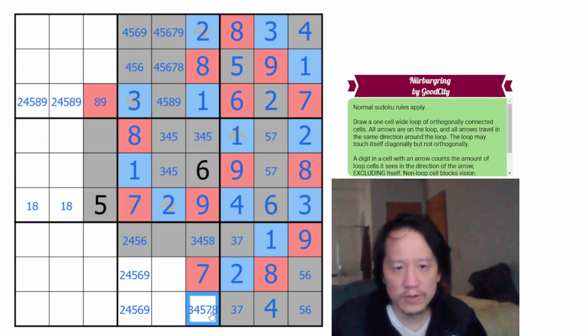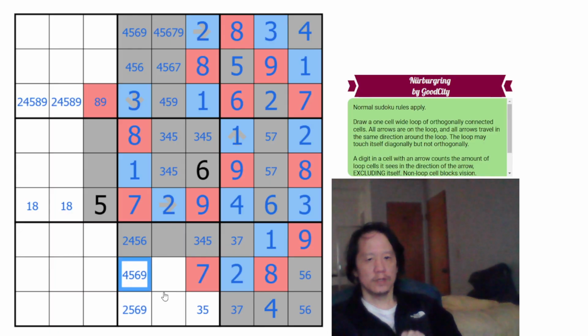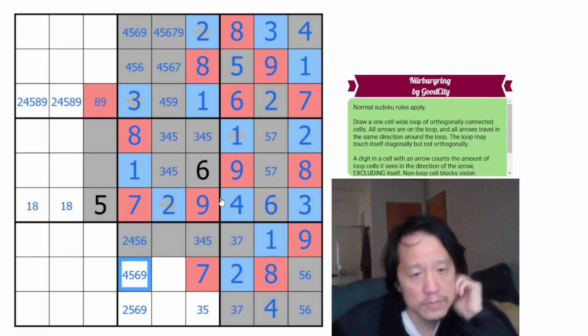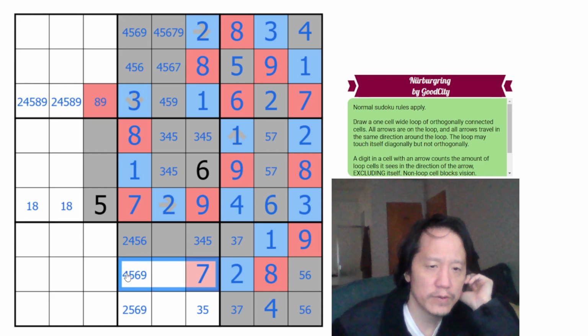This can't be 7 or 8 because the 7 and 8 are now accounted for. This can't be 8 obviously anymore. So this can't be 4. This can't be 4. This can't be 2. So it could continue on this way.